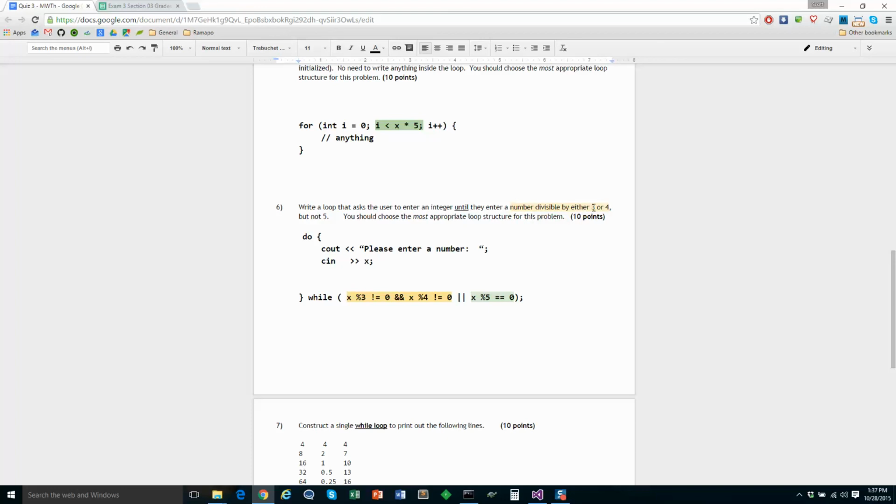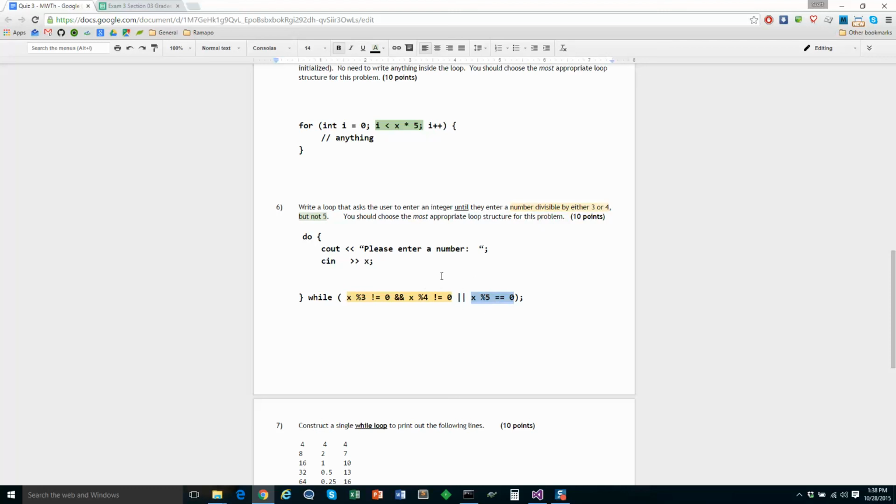It should be divisible by 3 or 4, but it should not be divisible by 5. So that implies that if a value is divisible by 5, in all circumstances, it should be invalid. And so I've got an or statement here with a statement that says, if x is divisible by 5, this would be true. Remember the or condition.